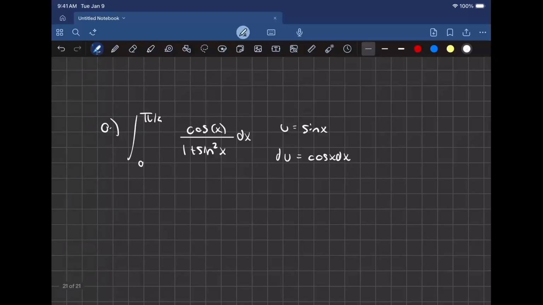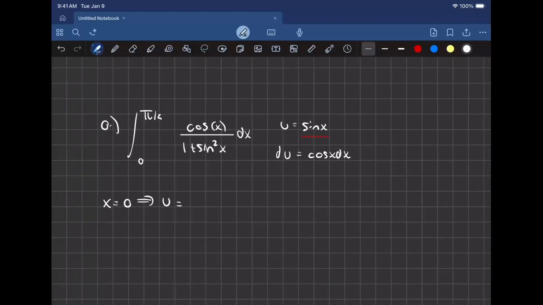And let's change our bounds. When x equals 0, this means that u equals sine of 0, which is 0. When x equals pi over 2, u equals sine of pi over 2, which is just 1. So we're going from 0 to 1. So the integral from 0 to 1 of, this cosine gets collected, so we have 1 over 1 plus u squared du.